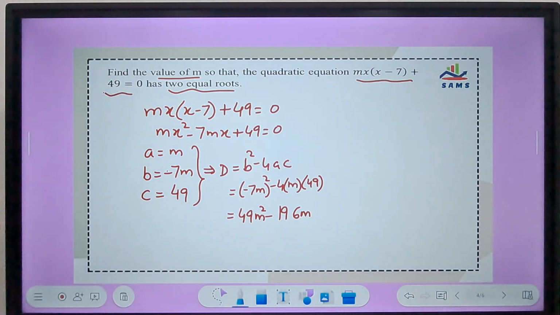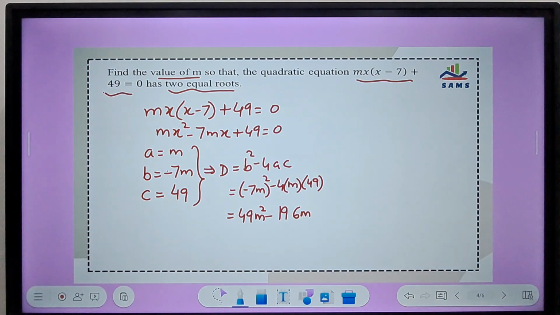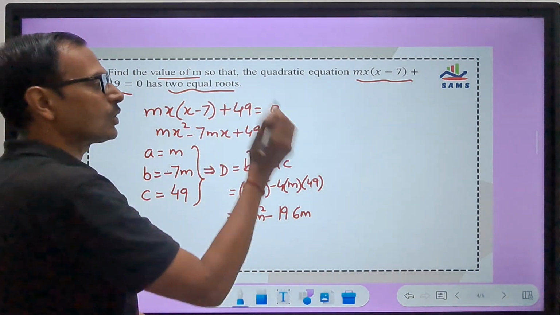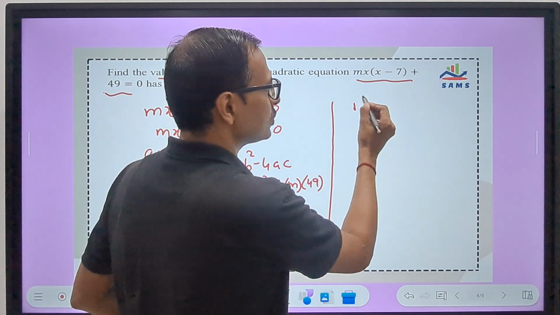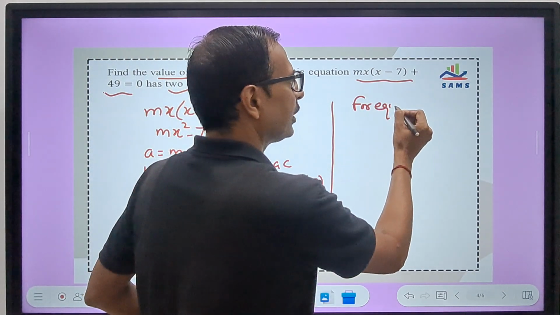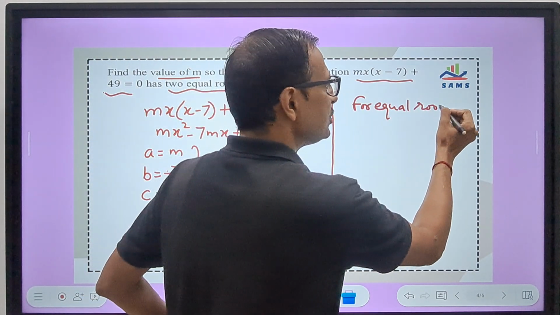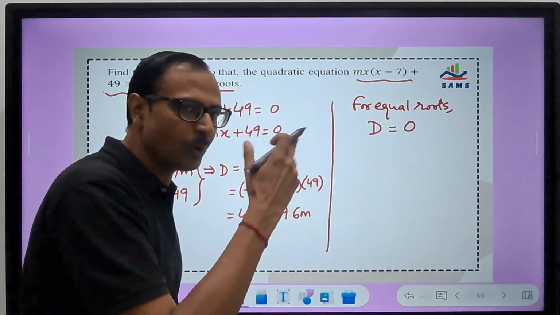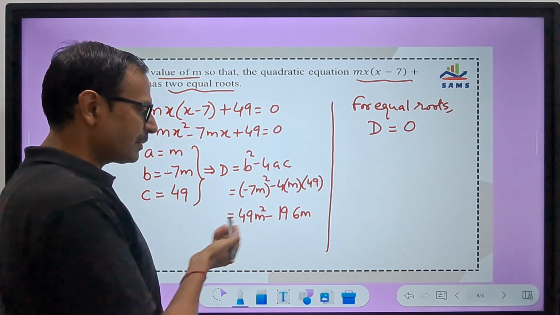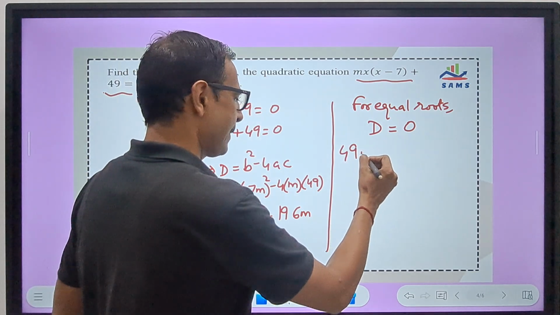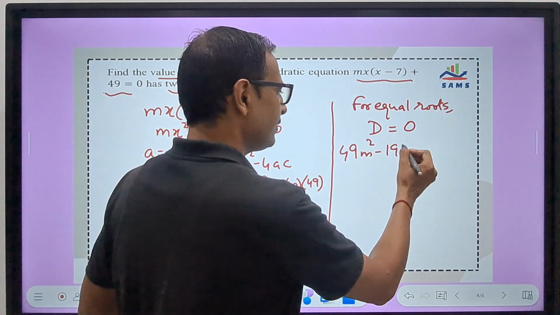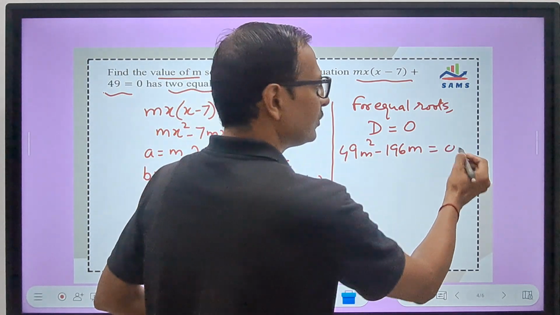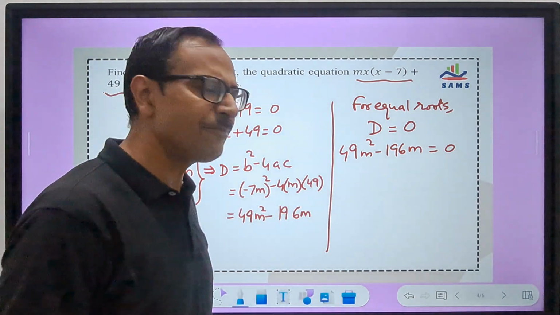This is the discriminant. Now he says it has equal roots. For equal roots we should know that the discriminant is always 0. I told you on the previous slide. Discriminant is 49m square minus 196m equal to 0, and now I will have the value of m from here.